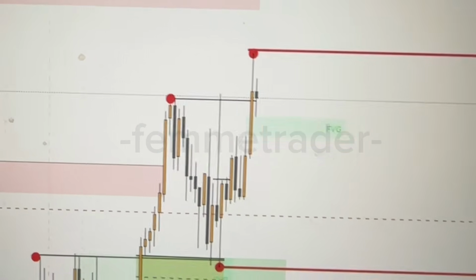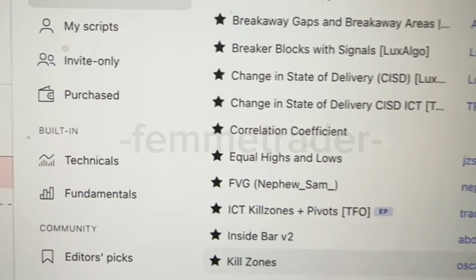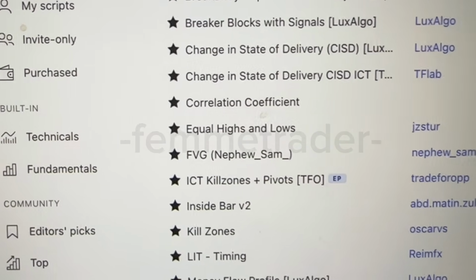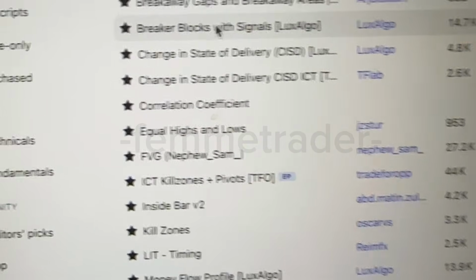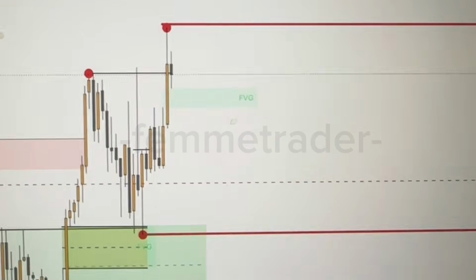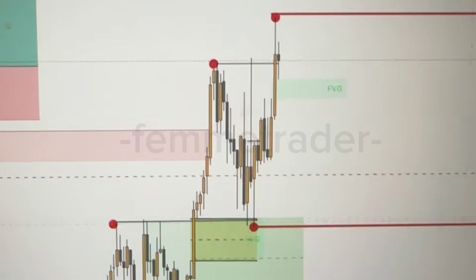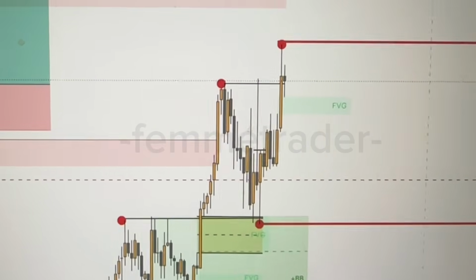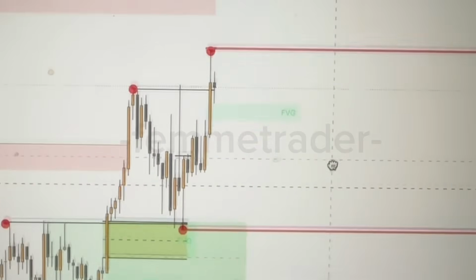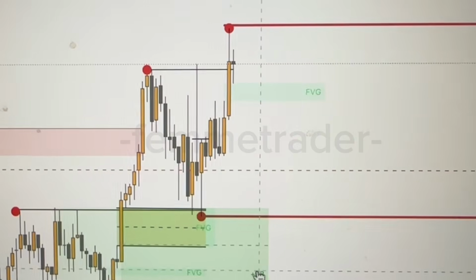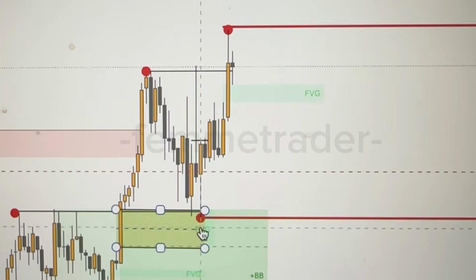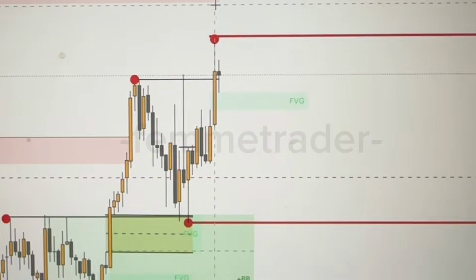For the breaker block as well, I've got an indicator. I go to my breaker block signal, click on it and it shows me what the breaker block is. If you don't know, let me know in the comment section and I will explain it to you. And it respects the breaker block and the FVG, and that's why this buy happened.